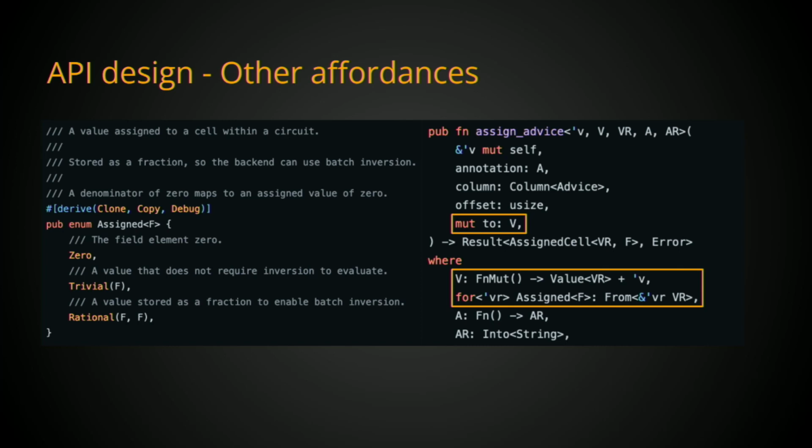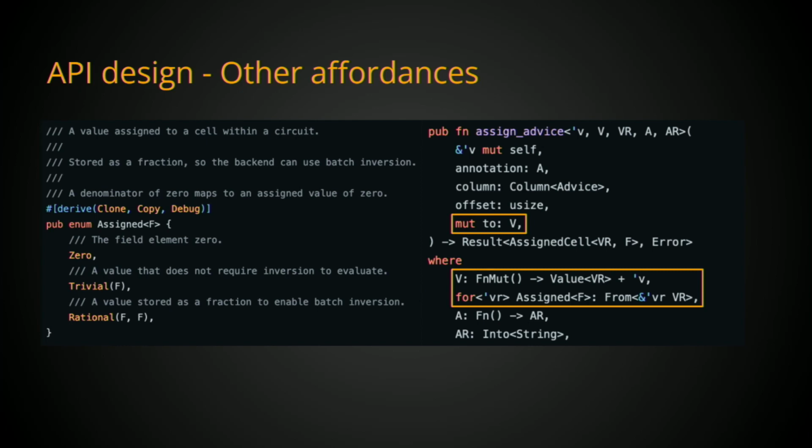There are a bunch of other things that we've also built into Halo 2. I don't have time to go through every one of them in detail, but one that I do want to cover is this assigned type. It's very common when you're building these circuits to need to perform some kind of inversion.